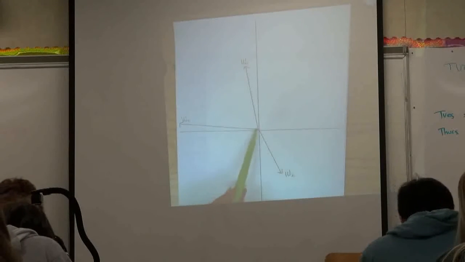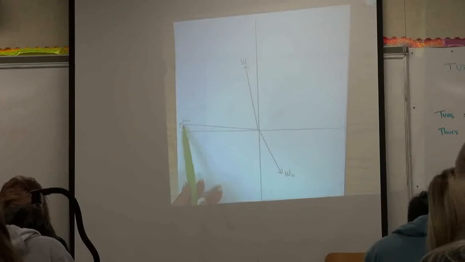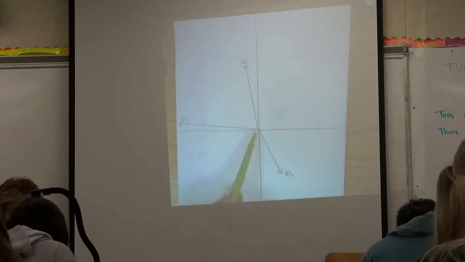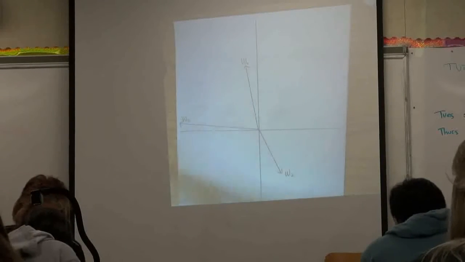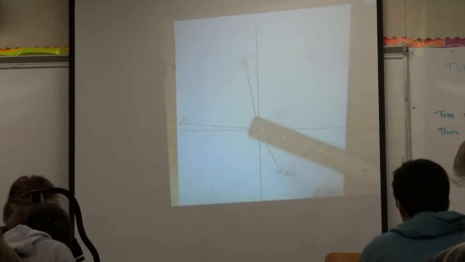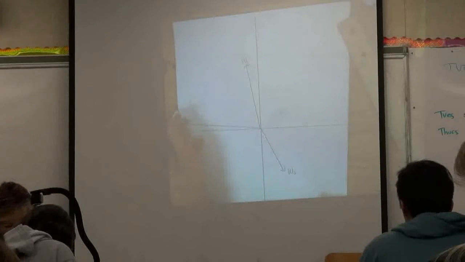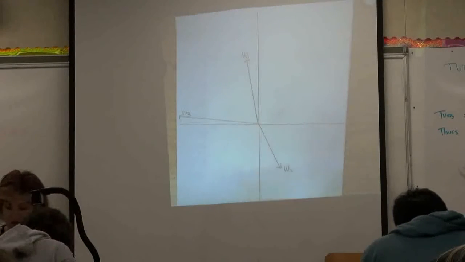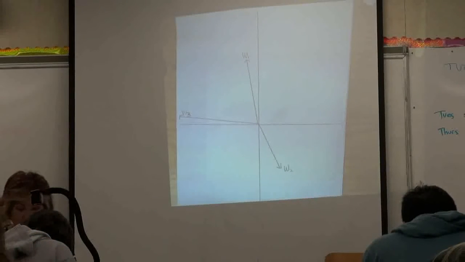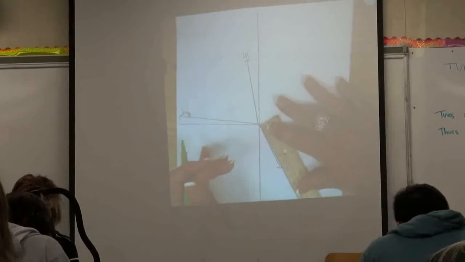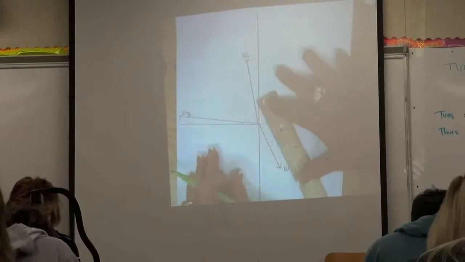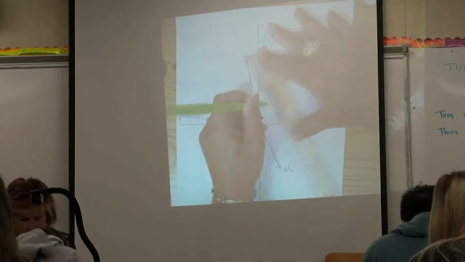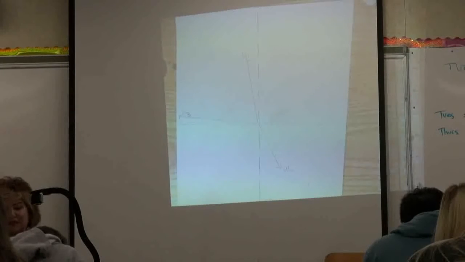We need to take vector 2 and translate it so that the tail of vector 2 is on the head of vector 1. So we take this one, which we drew before as 6 centimeters long, and we drag it up with our ruler, and we make another one 6 centimeters long.